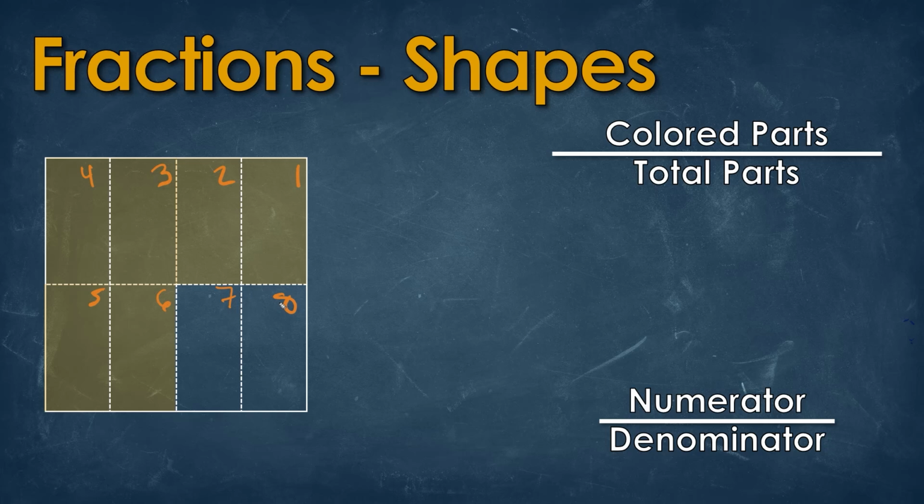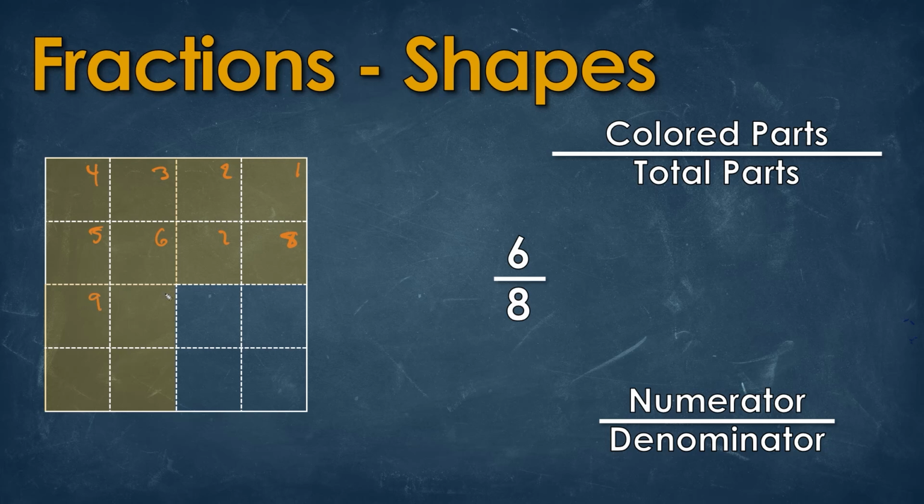We have a total of 6 that are going to be colored or shaded in out of a total of 8. So when we take a look at that, it's going to look a little bit like this, 6 out of 8. What if we add in some more lines? Well, now we have a total of 1, 2, 3, 4, 5, 6, 7, 8, 9, 10, 11, 12.